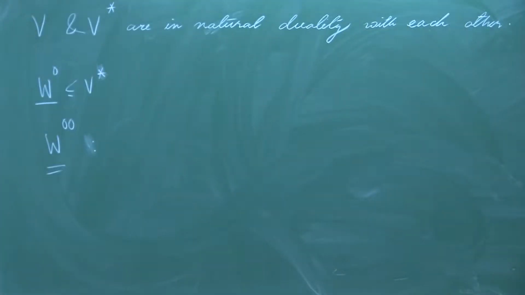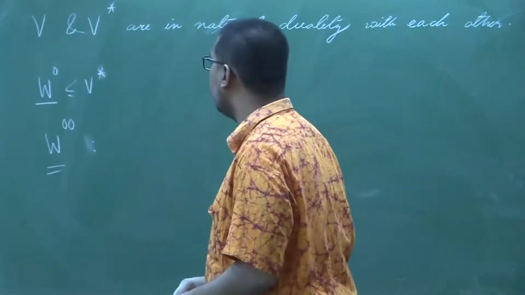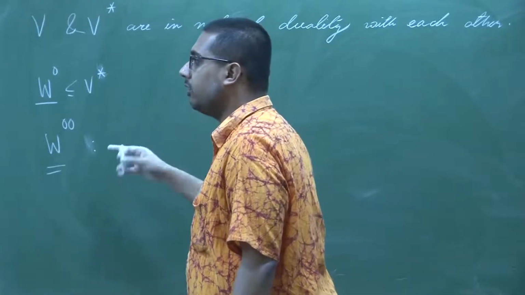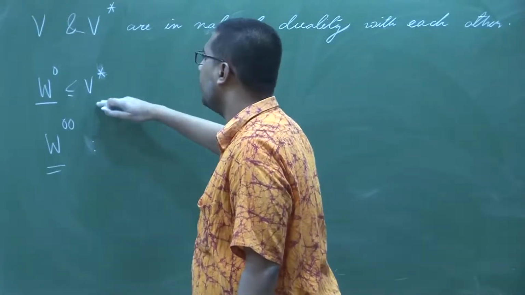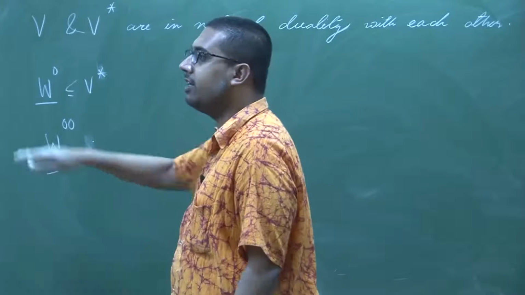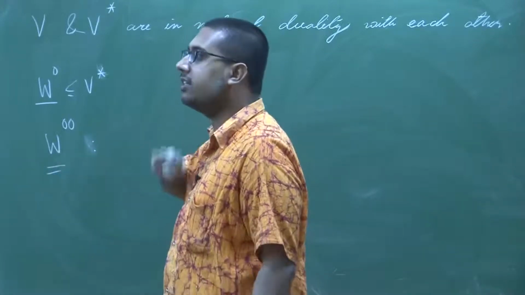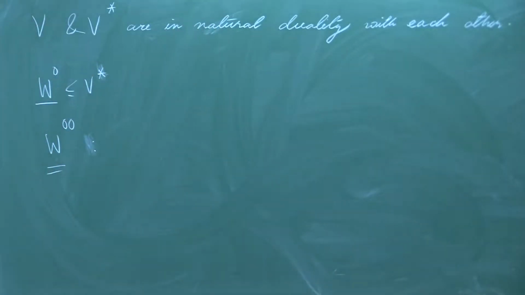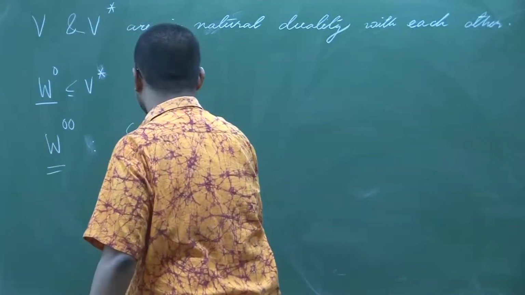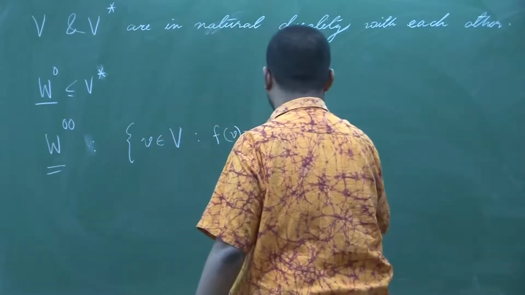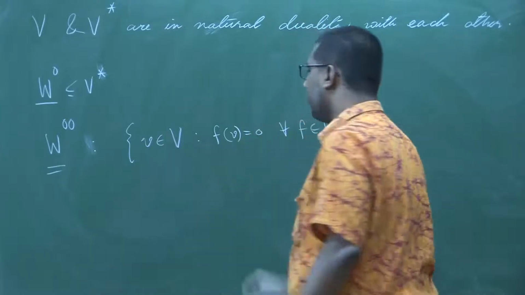Well, since I do not have much time, I should finish. What is W double naught? We are looking at all linear functionals on V star which vanish identically on W naught. The linear functionals on V star are precisely of these forms. So, we arrive at the set of all vectors v such that f of v equals 0 for all f belonging to W naught.